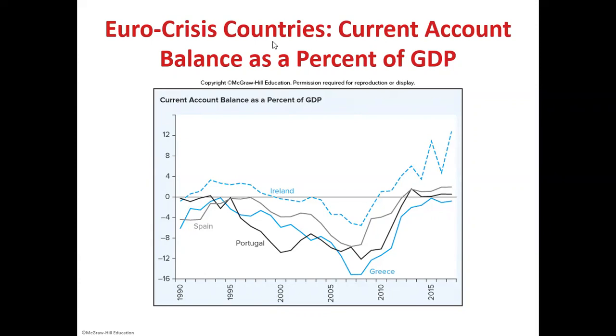Okay. And if the overall balance reaches the deficit territory, what should you see? The foreigners' holding of this country's assets should go up, and this country's official international reserve should go down. Do you agree with me? Yeah.